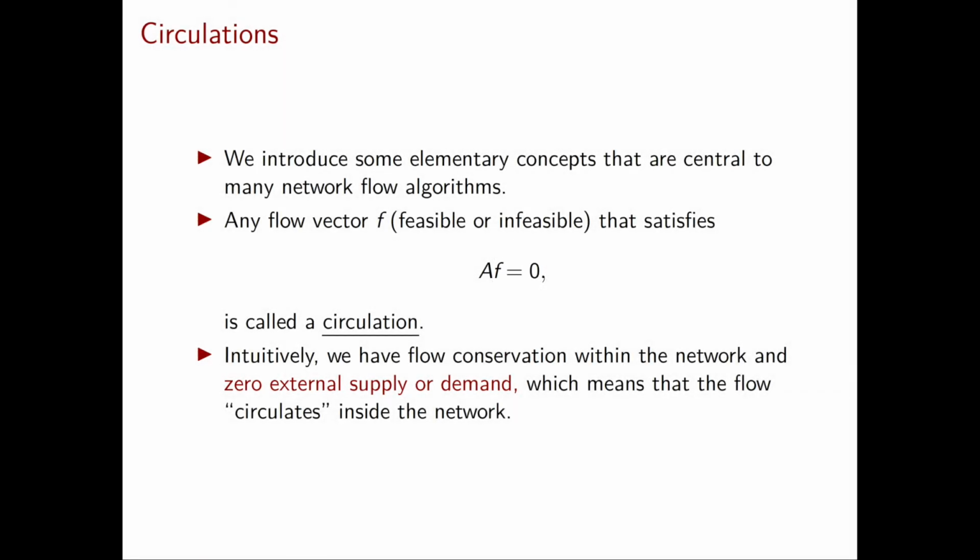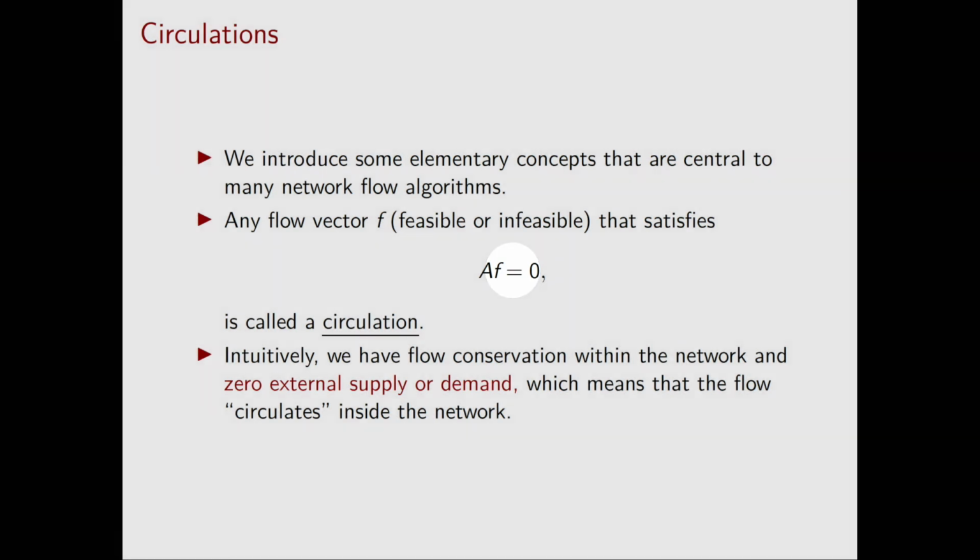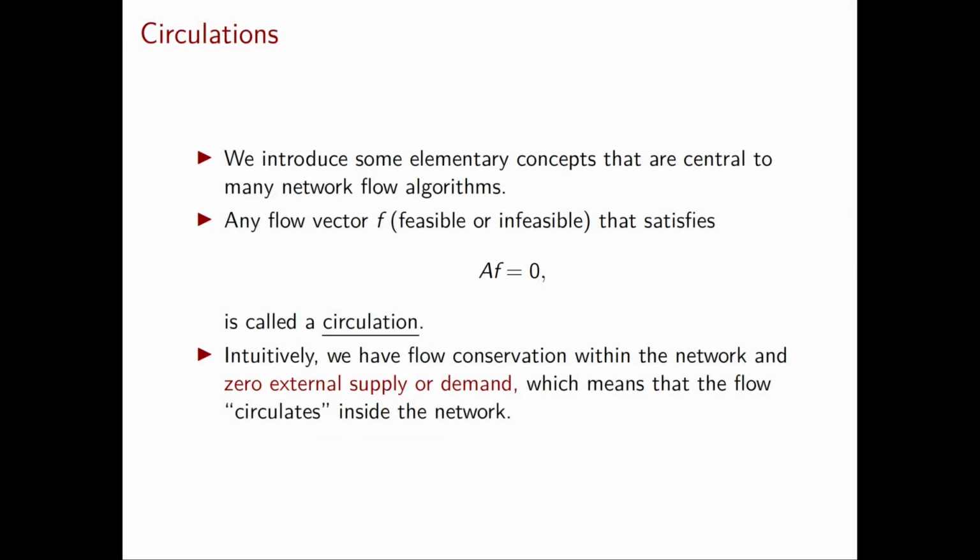Note that a circulation is a flow vector that is not necessarily feasible. Now, asking for Af equal to 0 essentially means that all our supplies are set to 0. Intuitively, this means that there is no flow coming into the network from the outside and no flow going from the network to the outside. So essentially the flow just circulates inside the network, and this is why we use the word circulation.